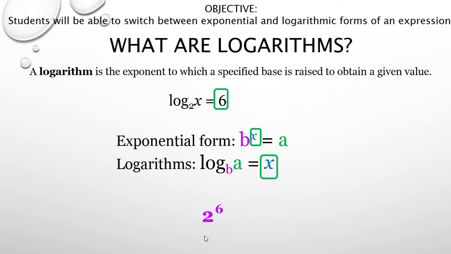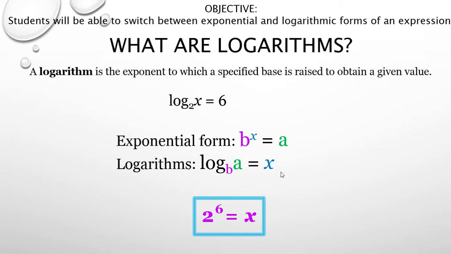So we have 2 to the 6th power. Now we write equal, and we have x. So x is where a should be, and that's on the right side. So you can change it: 2 to the 6th power equals x, and that is the exponential form.